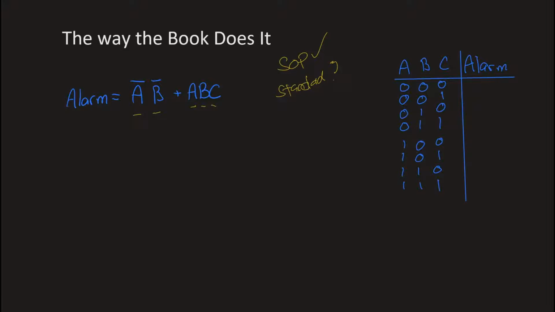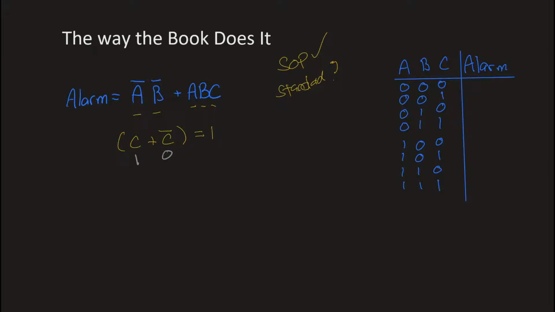Okay, so here's how the book does it. The first thing we have to know is, what would this be? C or C naught? This was one of our rules, right? So what would this always be? Well, if we remember, this is always true, right? Because, think about it. If C is 1, then C naught has to be 0.